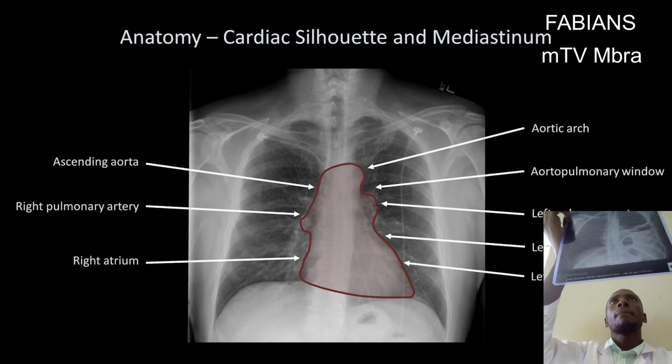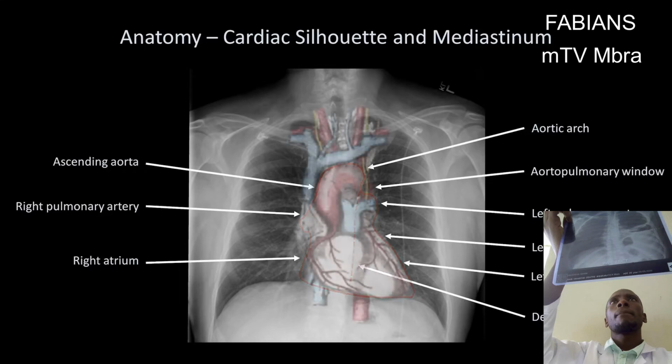The apex goes to the left side, pushing on the hemidiaphragm on the side of the stomach. Then the base goes to the right side. That is its lie, and maybe in our next videos we shall cover the abnormalities of the heart.